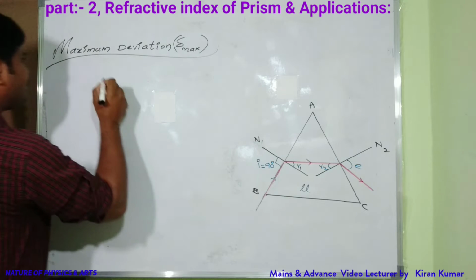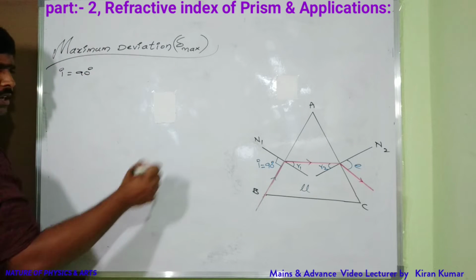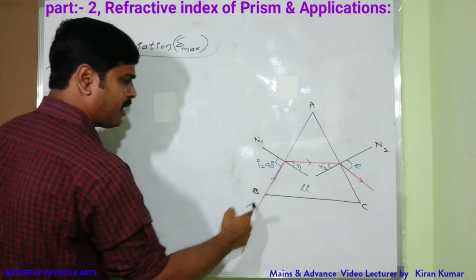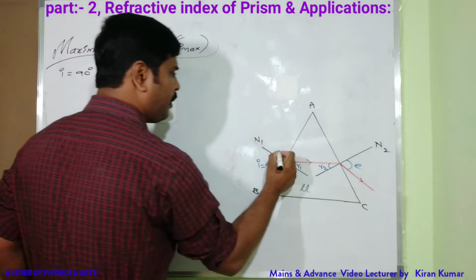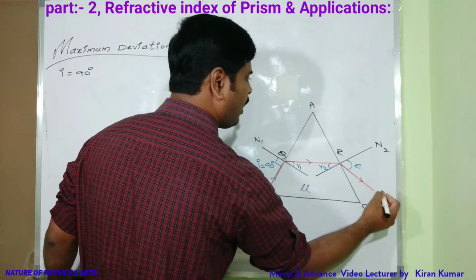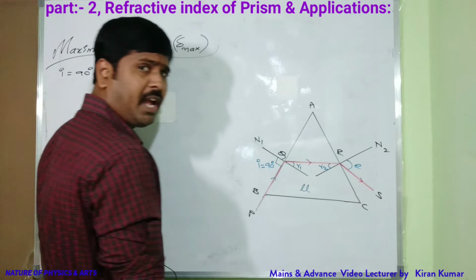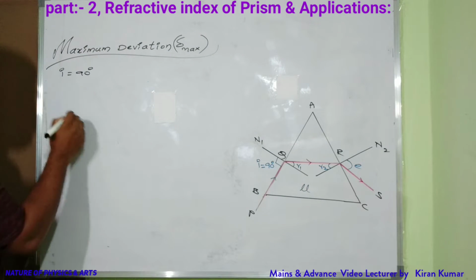Here i is equal to how much? 90 degrees. Angle of incidence is equal to 90 degrees. This is the incident ray. We can take PQ as the incident ray, QR as the refracted ray and RS as the emergent ray. Now e we have to find.